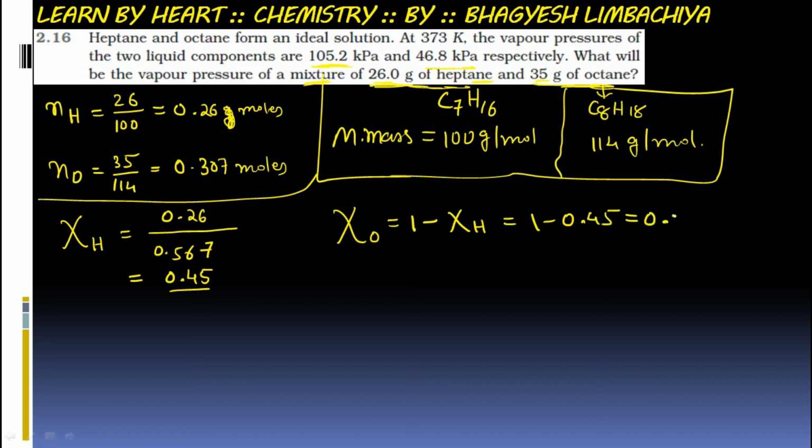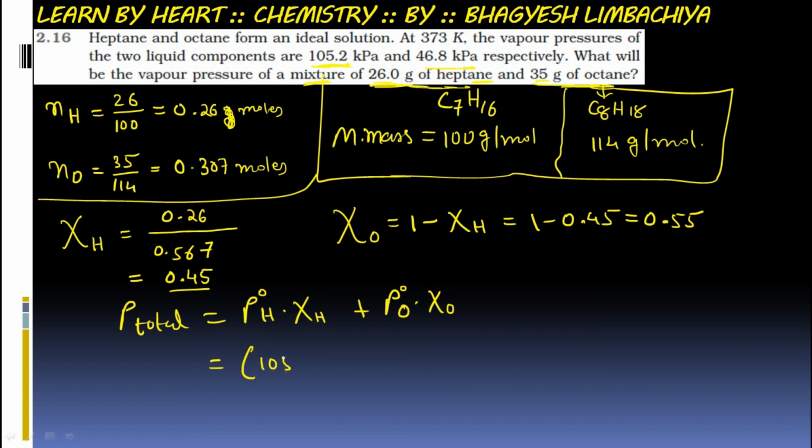So it will be 0.55, and then we will apply Raoult's law, that is P total equals P0 heptane times mole fraction of heptane plus P0 octane times mole fraction of octane. P0 heptane is given to you, 105.2, and it is multiplied by 0.45.